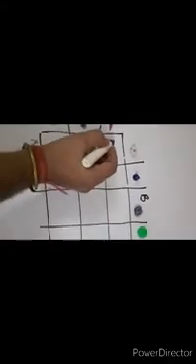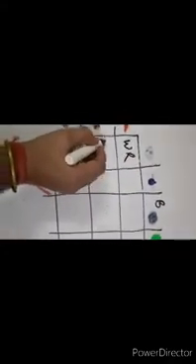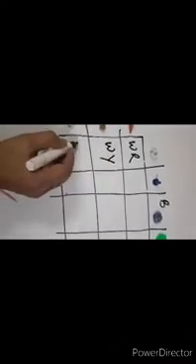To get all the possible outcomes, we will write the colors like this: this is white red, this is white yellow, this is white white.